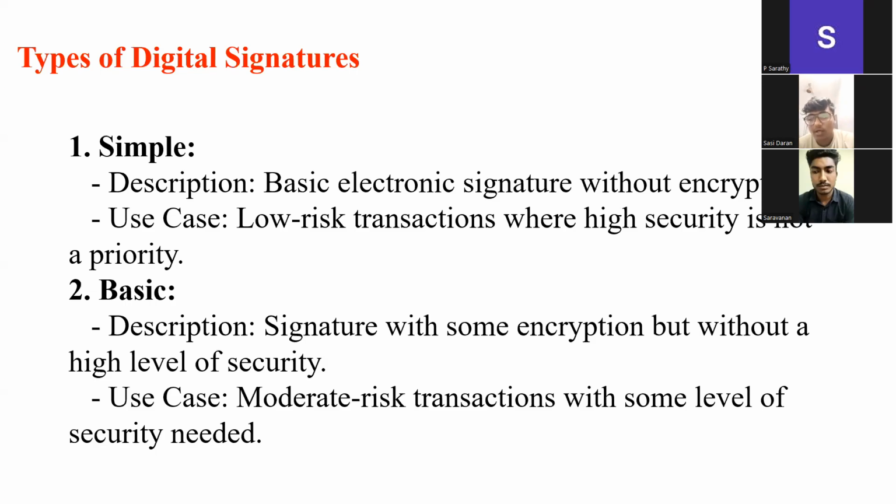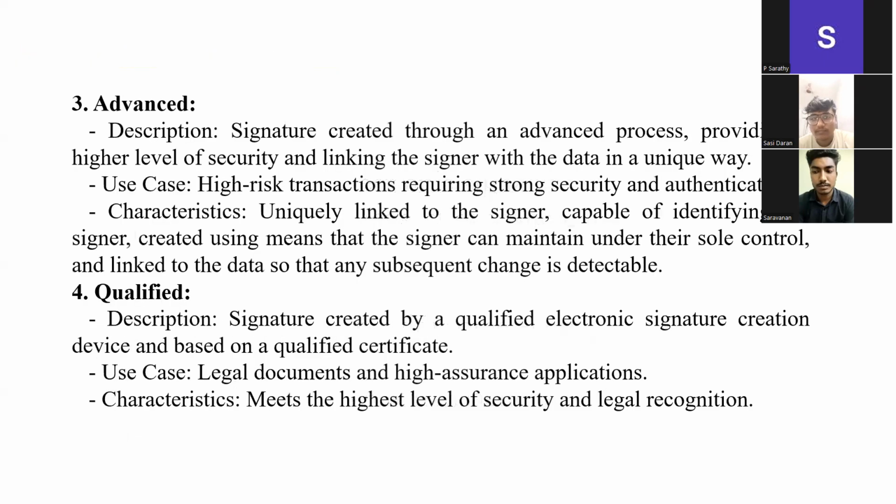The use case is moderate-risk transactions where some level of security is needed. Advanced: the description is a signature created through an advanced process providing security and linking the signer with the data in a unique way. Qualified: the signature is created by a qualified electronic signature with a qualified certificate.